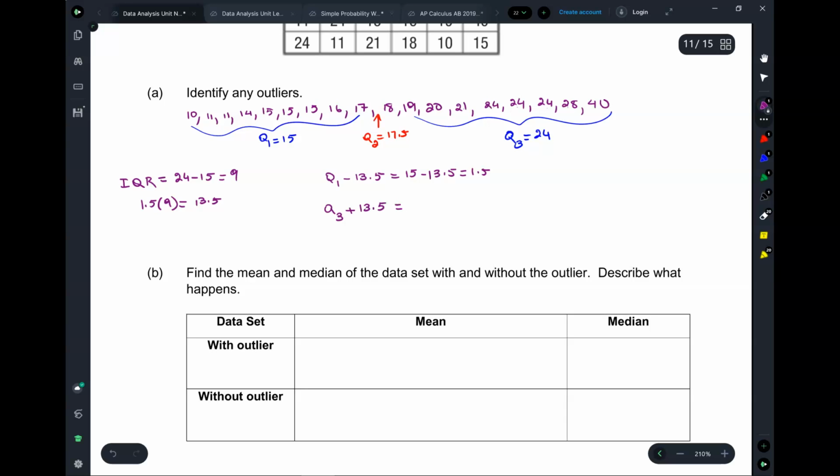Where do we go? That's 24 plus 13.5, 37.5. So now you want to see if there are any numbers smaller than 1.5 or higher than 37.5, and that means which one is an outlier? 40. The 40.